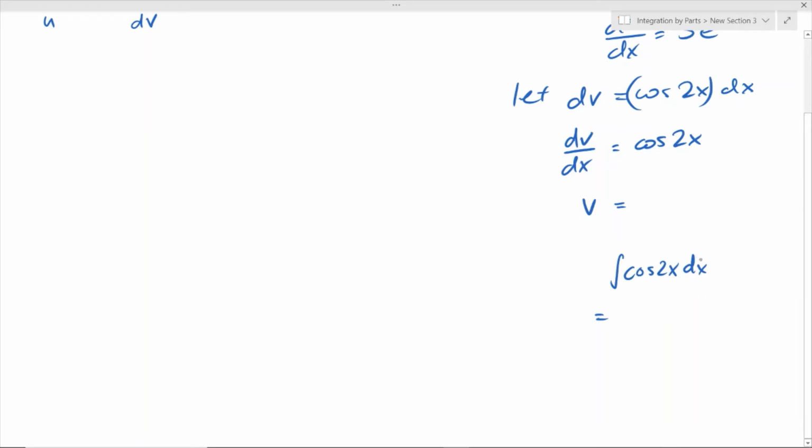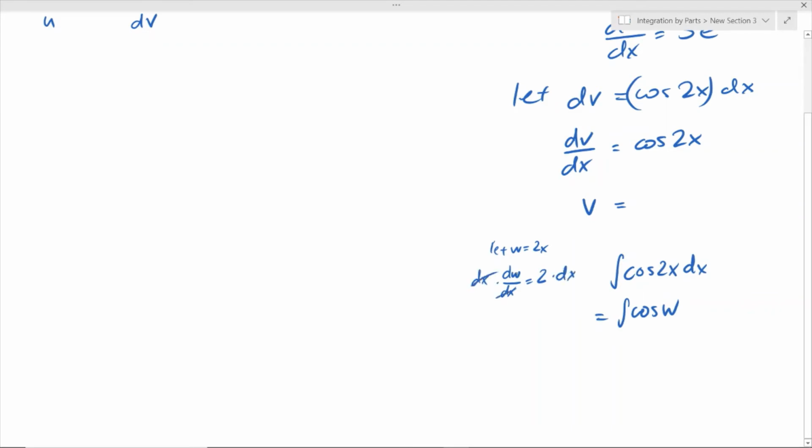Okay, so we can basically let w be equal to 2x right here. So it's going to be cos w, and then dx, what are we going to get? Well, the derivative of w is going to be dw over dx, which is equal to 2. And then we can multiply both sides by dx.